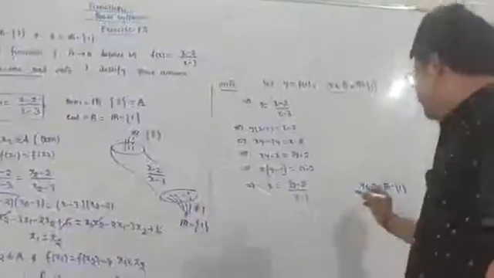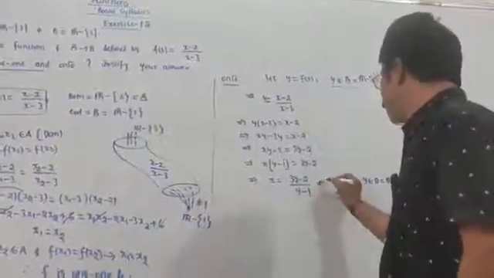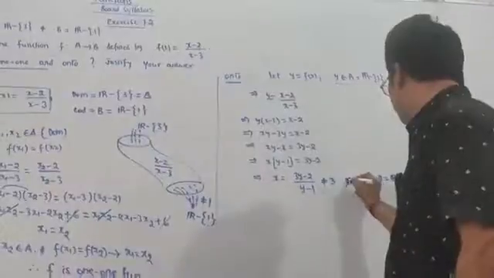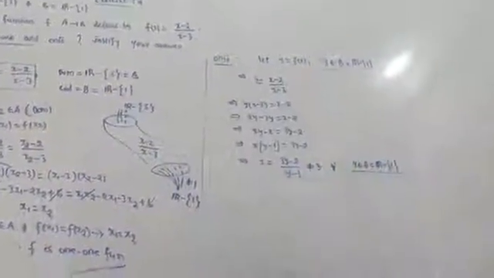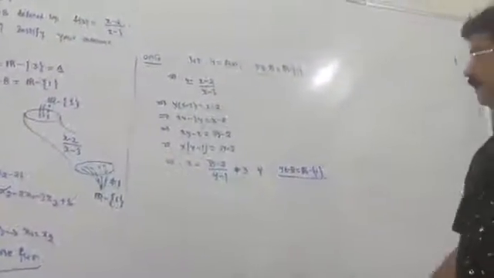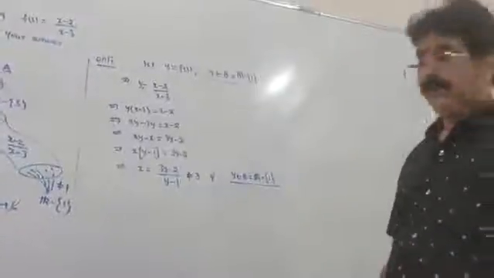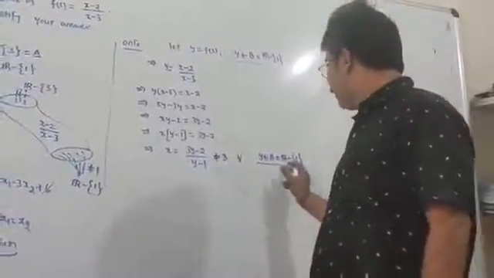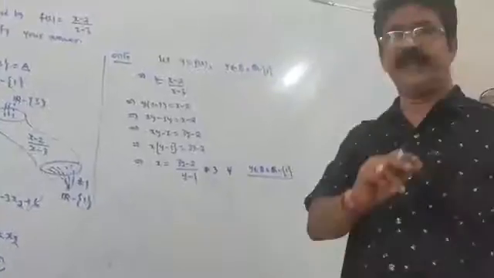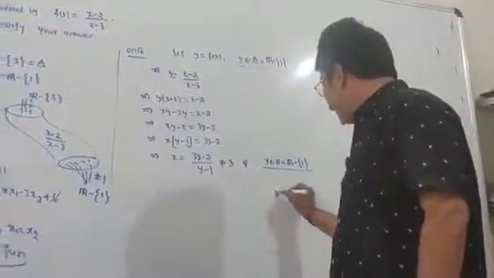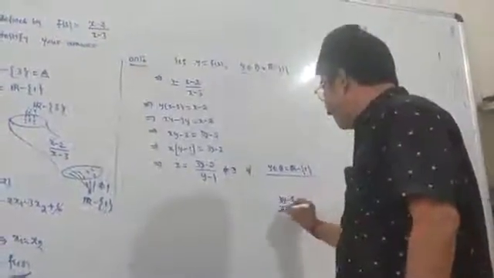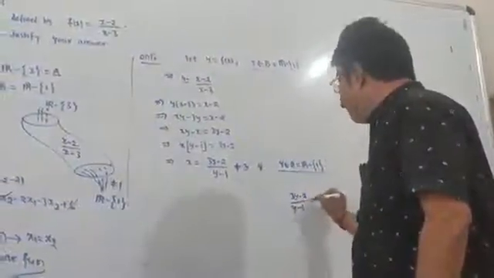I'm telling that this value is not at all equal to 3 for all y belonging to capital B. You can verify for these infinite values. For example, suppose this value is 3, sir.